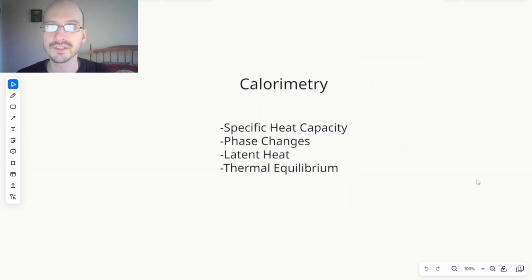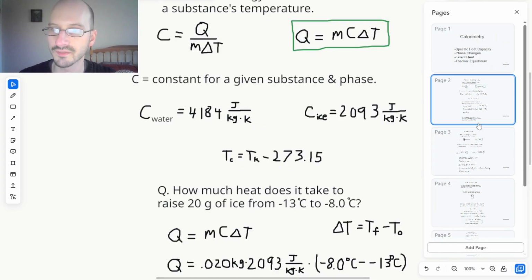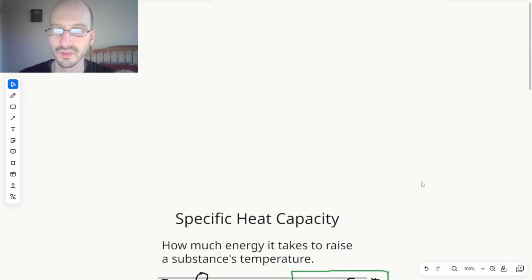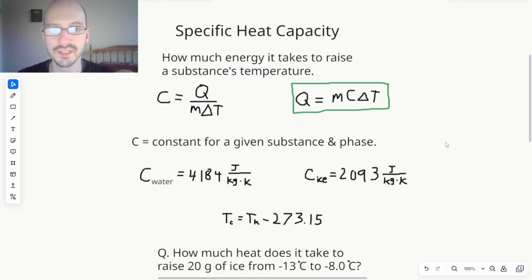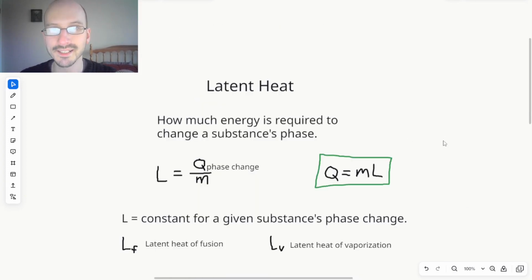And that is calorimetry in physics. That is thermal equilibrium without any heat lost or gained from the environment. We looked at the specific heat capacity, which is the amount of energy it takes to raise a substance's temperature. We looked at the latent heat of a phase change. It's the amount of heat required to change a substance's phase from solid to liquid or backwards, from liquid to gas or backwards.